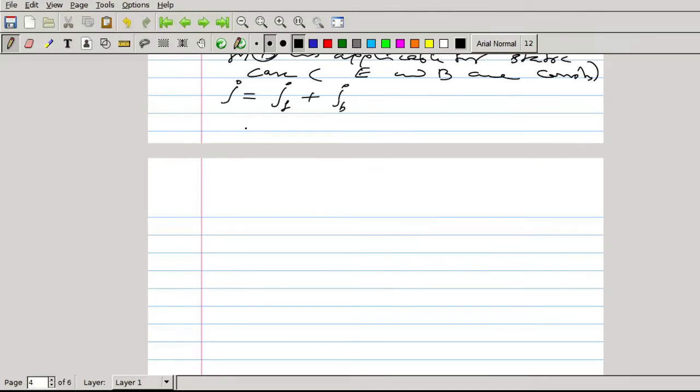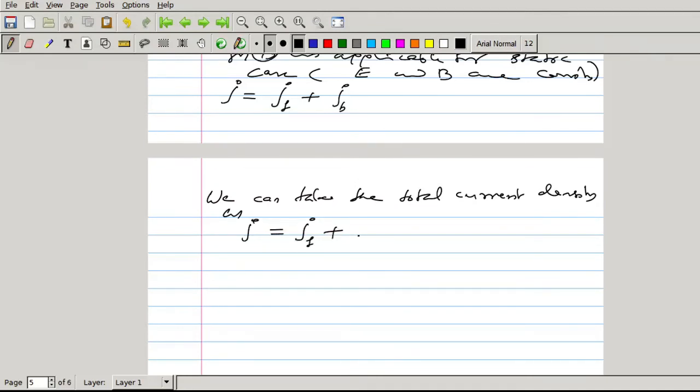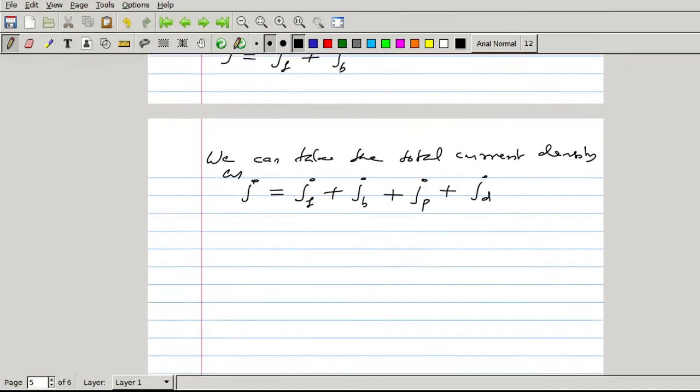But if there is a time varying electric field and time varying magnetic field, then instead we take the total current density as a combination of 4 terms: J free plus J bound plus J polarization plus J displacement. So there are 4 current densities.